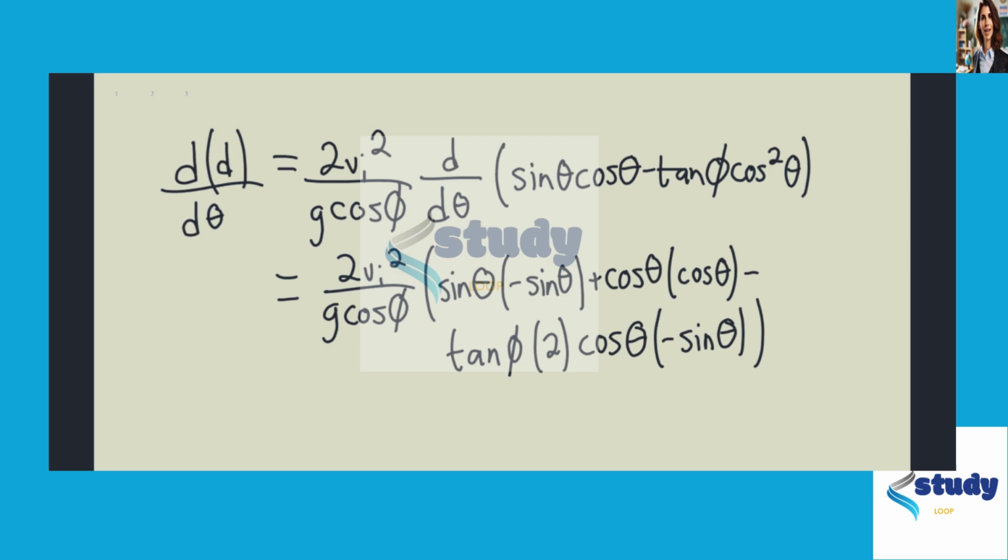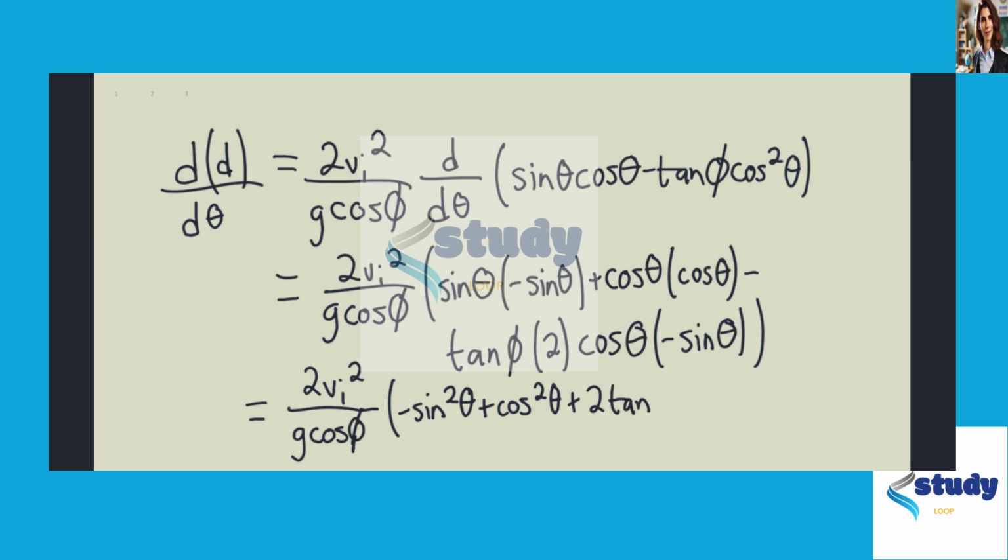And this is going to be equal to 2 v initial squared divided by g cosine of phi. Once again, keep the factor, multiplied by negative sine squared of theta plus cosine squared of theta plus 2 tangent of phi cosine of theta sine of theta.